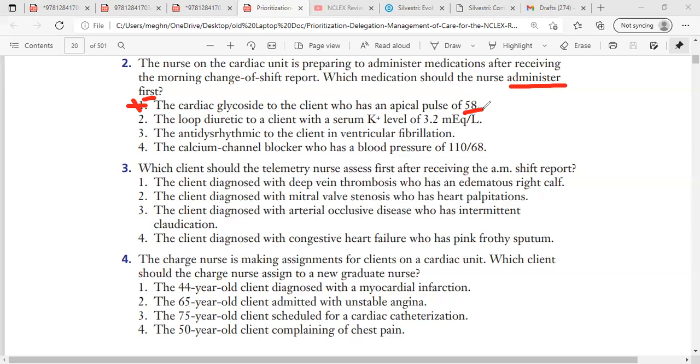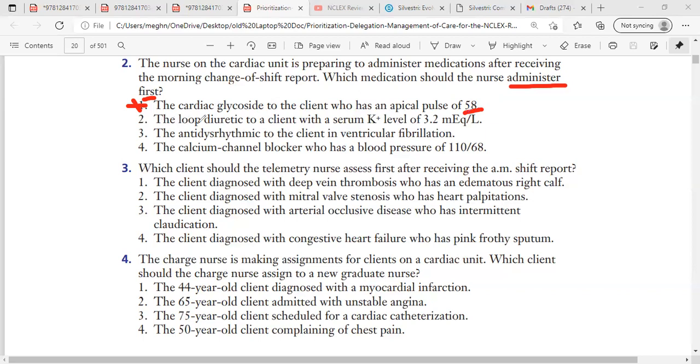I never give the medication, because a cardiac glycoside such as digoxin should not be administered unless the apical pulse is 60 or above. My patient is at 58, so I never give it.